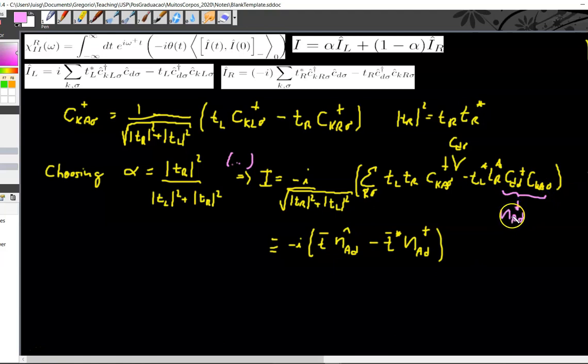And why am I doing this? Essentially because that simplifies much of the calculation, since the current can now be expressed only in terms of this combination of operators.